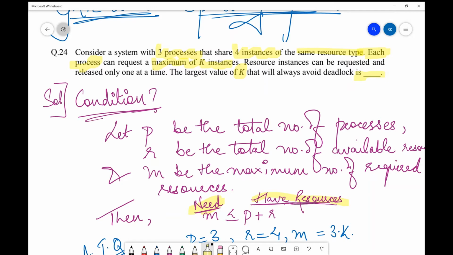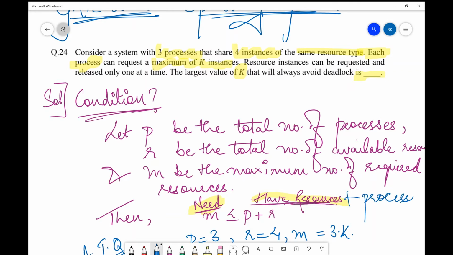Once the resources get freed from a process, it will release all the resources, which will go into the need of other processes. Therefore they are sharing the resources, so the role of processes also comes into play. How I have memorized it is that need is always less than or equal to the resources that you have plus the processes.